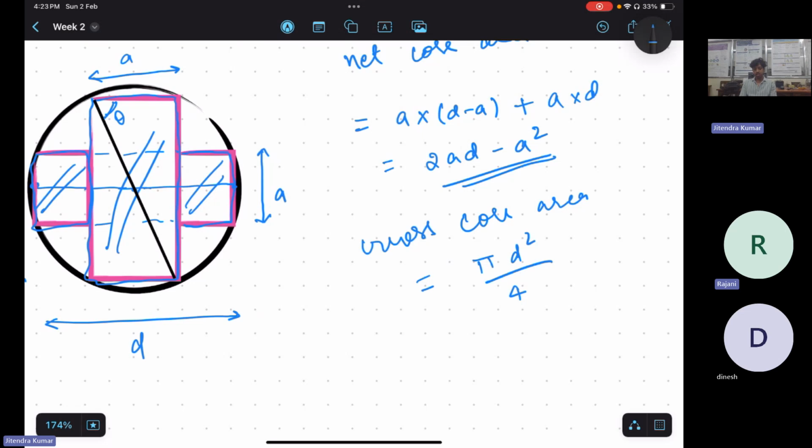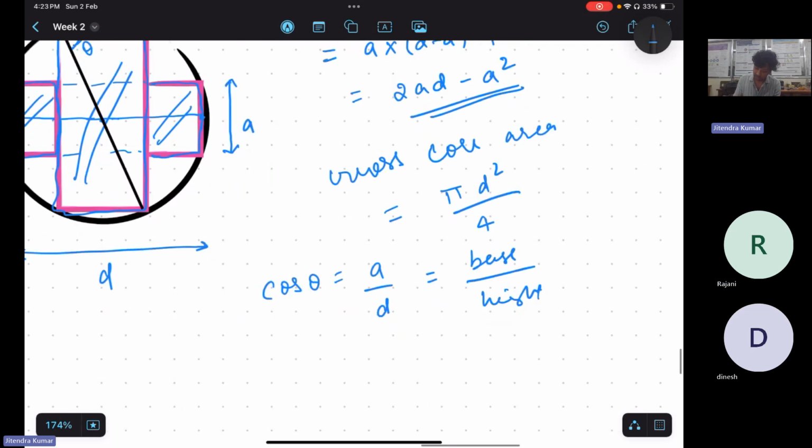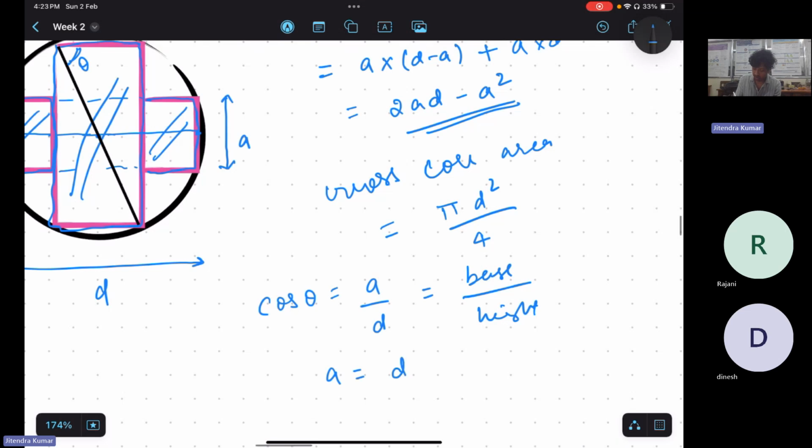Here you have to use trigonometric identities. So cos theta is equal to base by height, right? So base is nothing but A and height is D. So cos theta is A by D. Wherever you are using A, you can interchange it with A equal to D cos theta.